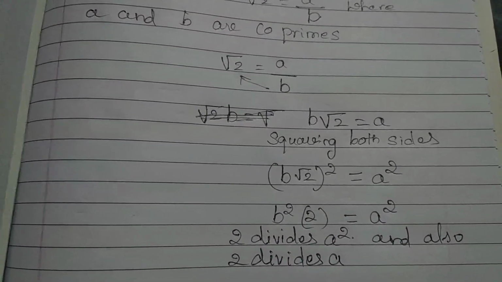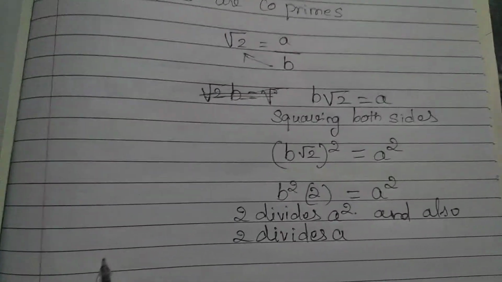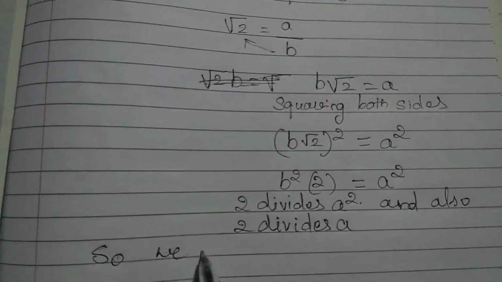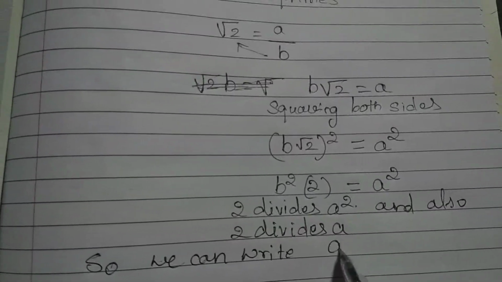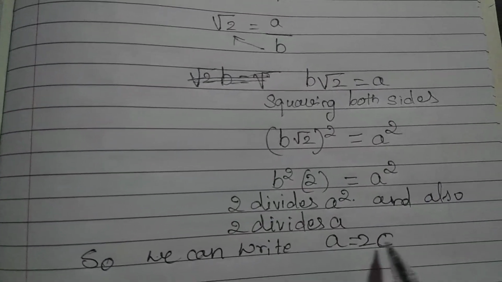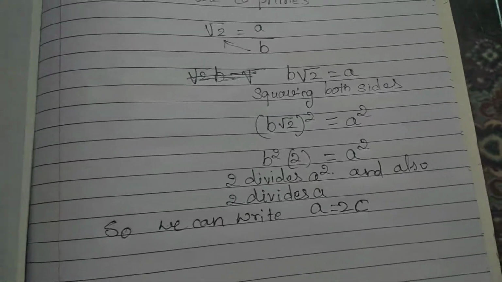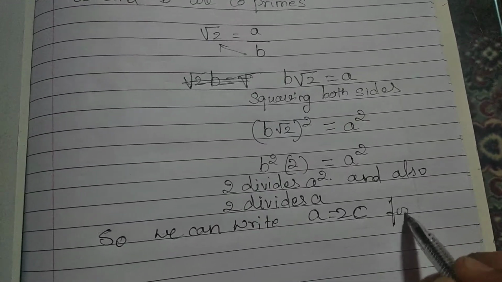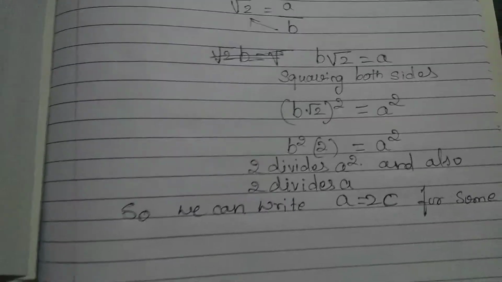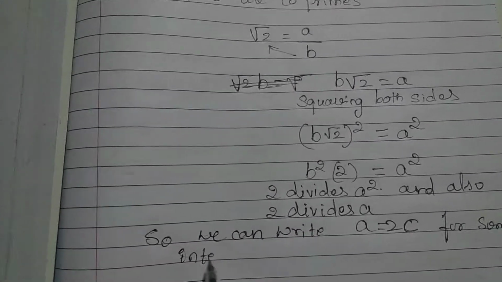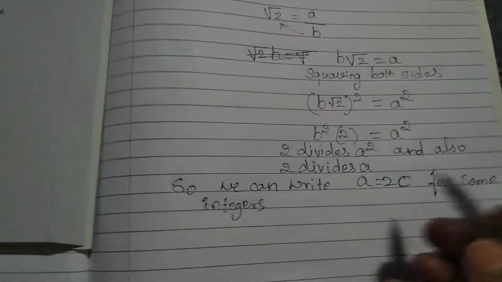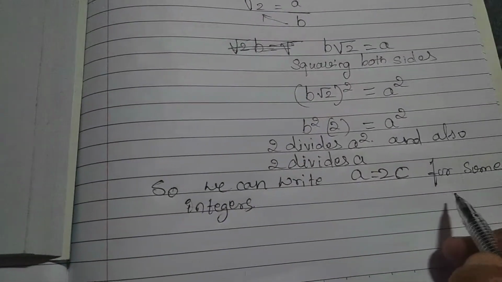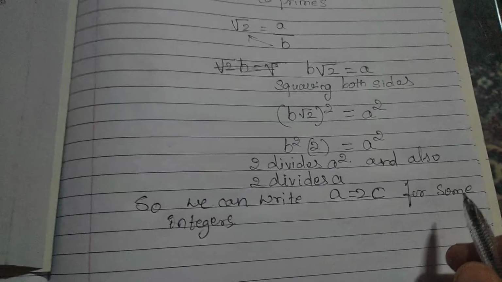So we can write a is equal to 2c for some integer c.